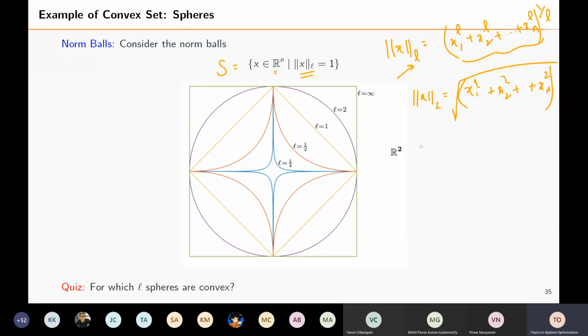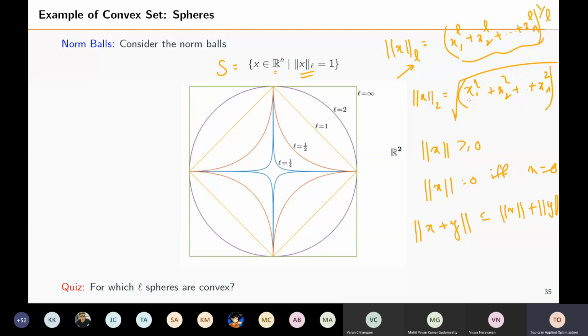In the linear algebra review, I think they might have told you what a norm is. Norms have certain conditions. The norm of a vector is always greater than or equal to 0. The norm is 0 if and only if the vector itself is 0. Then there is the triangle inequality: the norm of x plus y is less than or equal to norm x plus norm y.